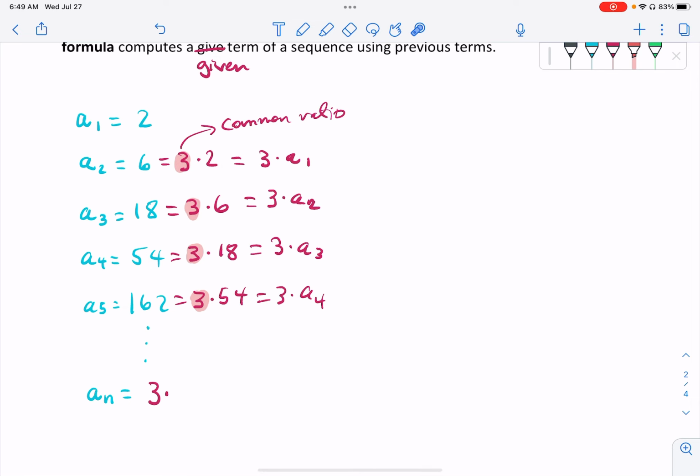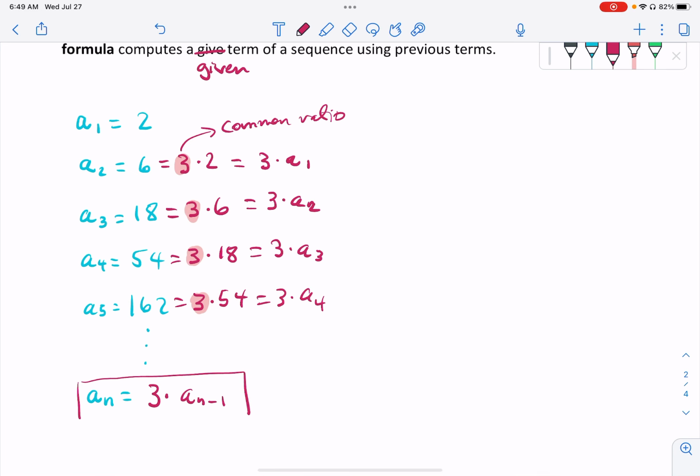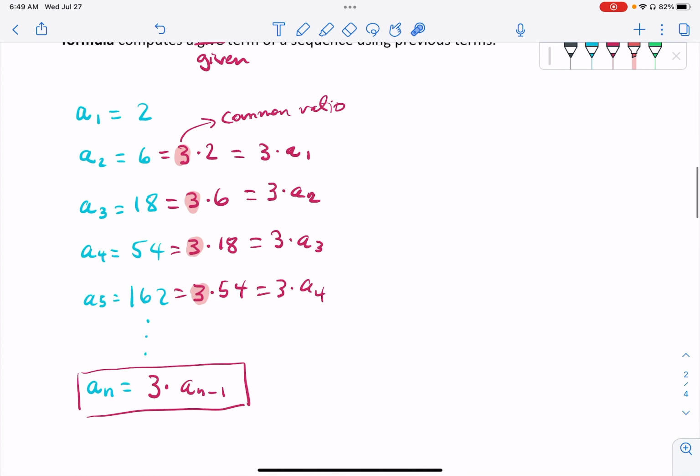So the nth is going to use a sub n minus 1, the term that came right before it. Now, if we look at this as our formula, we do need one other piece of information. You have to have a term to start with. So I'm going to add the little extra bit that says a sub 1 was 2, that's what it started with. Now, let's look at this formula right here.